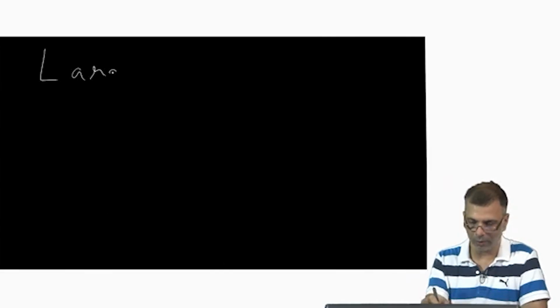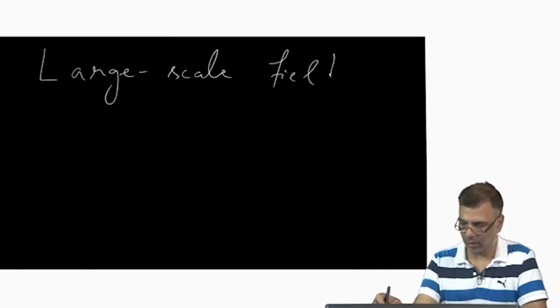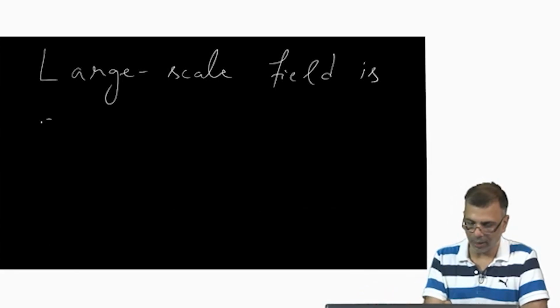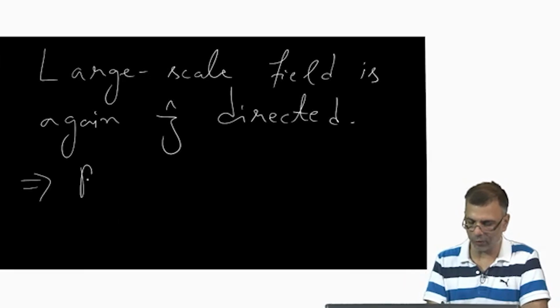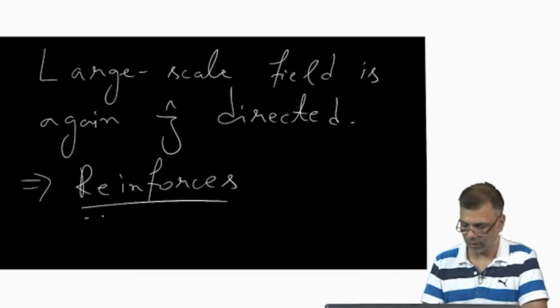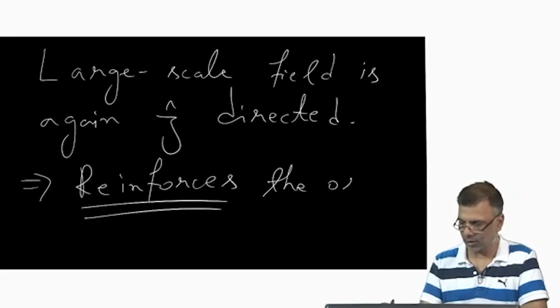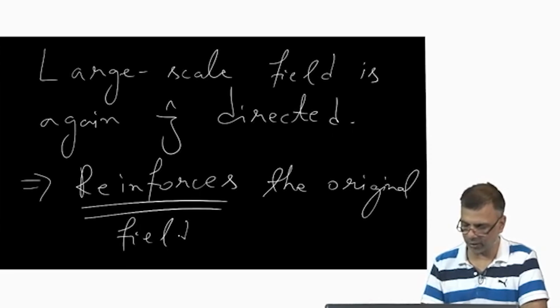So, the large scale field is again z directed. It reinforces the original field, the field that we started with.